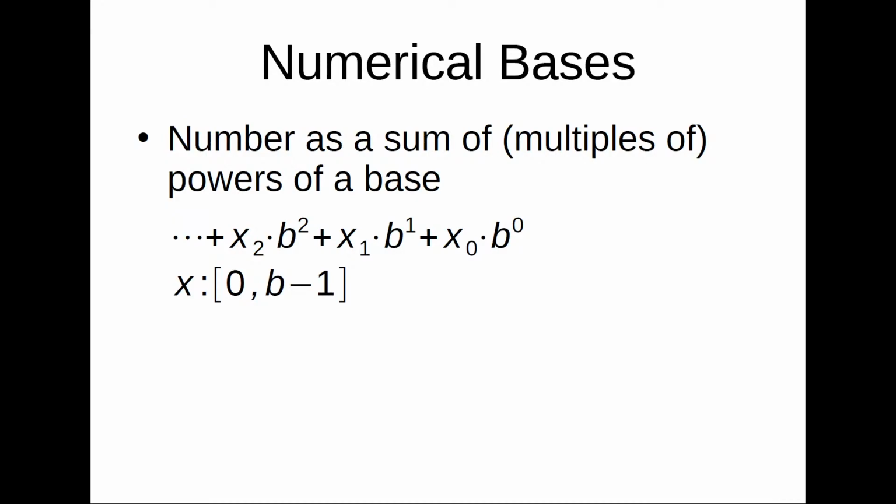So normally from right to left, it's some digit times base to the 0th power, plus some digit times base to the 1st, plus some digit times base to the 2nd, and so on. And each digit can have a value from 0 to base minus 1, because if you have more than that, then it could become base times base to some power, which is just base to the next power.